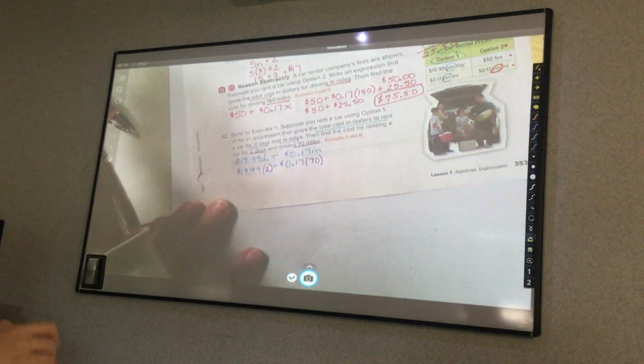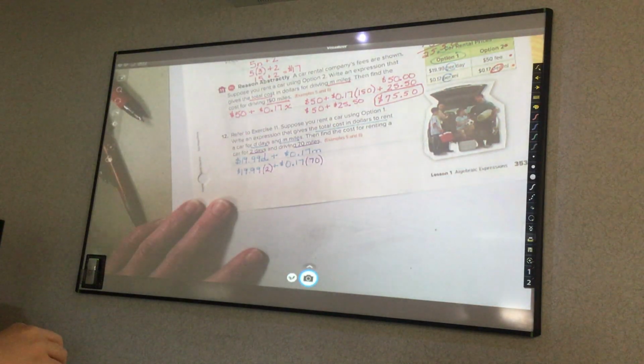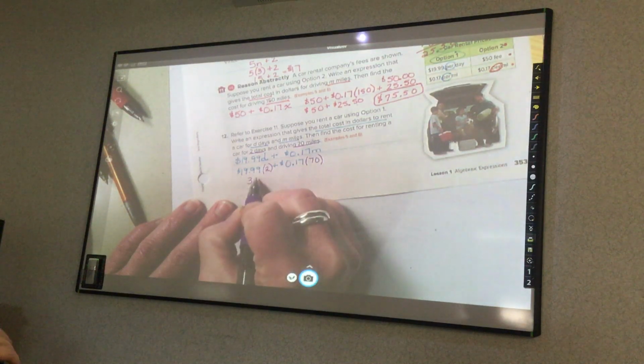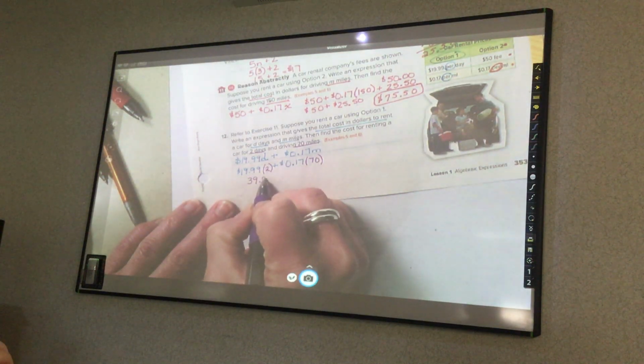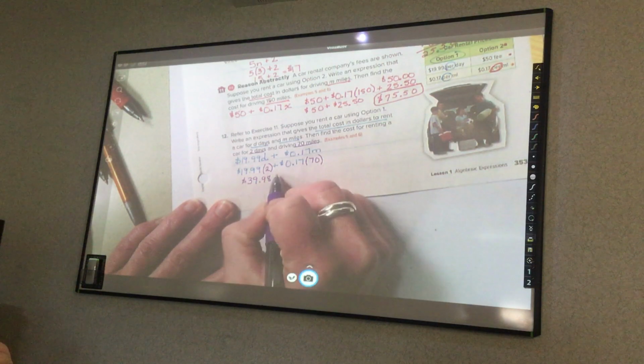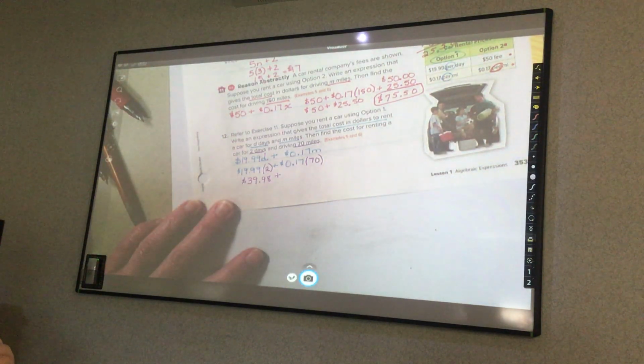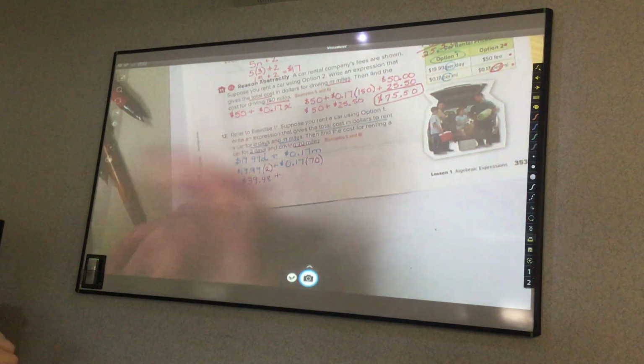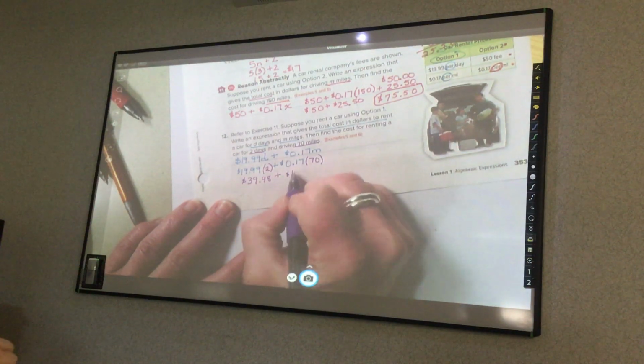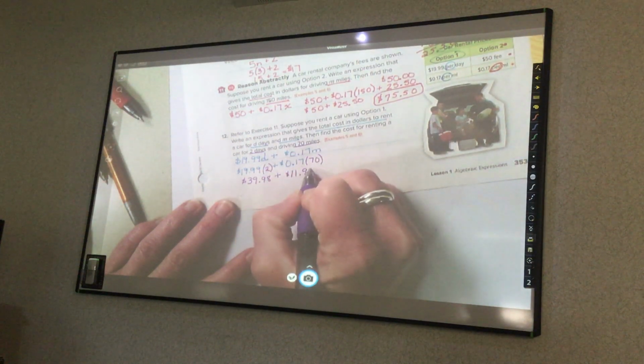So $19.99 times 2 is $39.98. Plus 17 cents times 70 is $11.90.